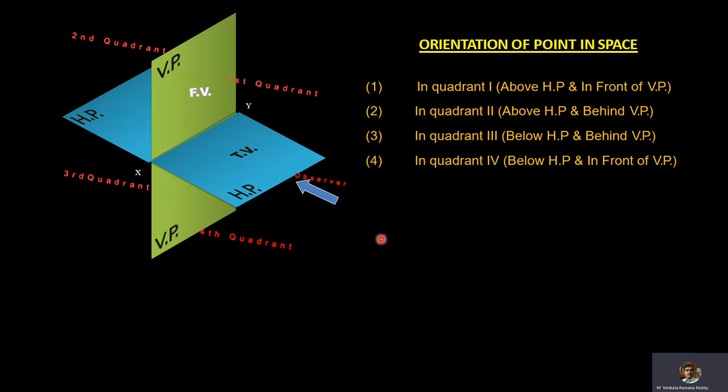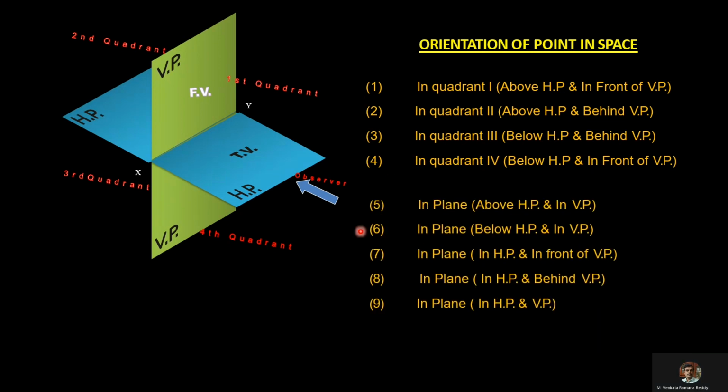In addition to these four cases, another five cases also are to be discussed. Fifth case, in plane, that is above HP, in VP. The point is on VP and above HP. Sixth case is below HP, in VP. That is, the point is on VP, below HP. Seventh case, in plane, in HP, in front of VP.